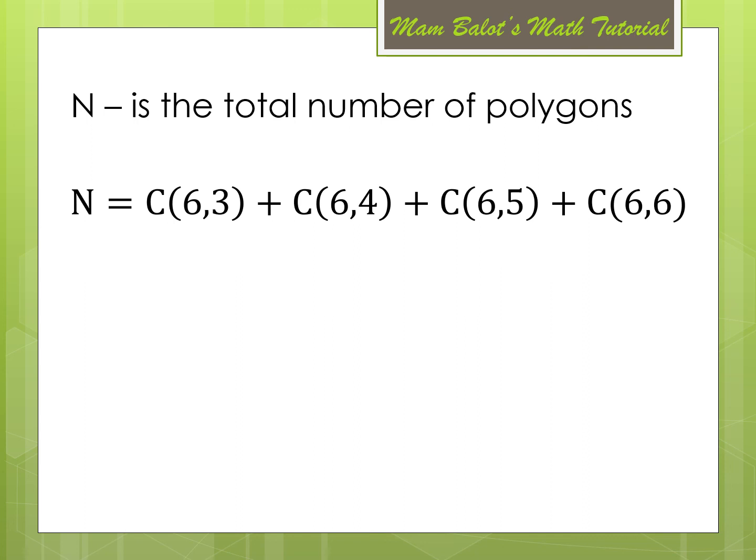So substituting the values that we had solved earlier, we have now triangles are 20, plus 15 quadrilaterals, plus 6 pentagons, plus 1 hexagon. So overall, we have 42 kinds of polygons that can be made from the 6 distinct points.